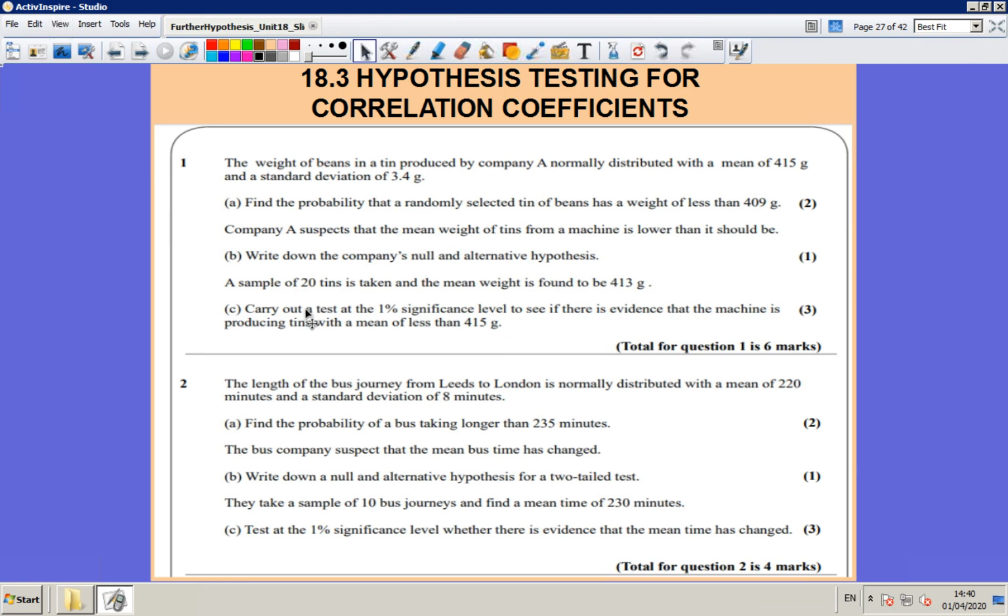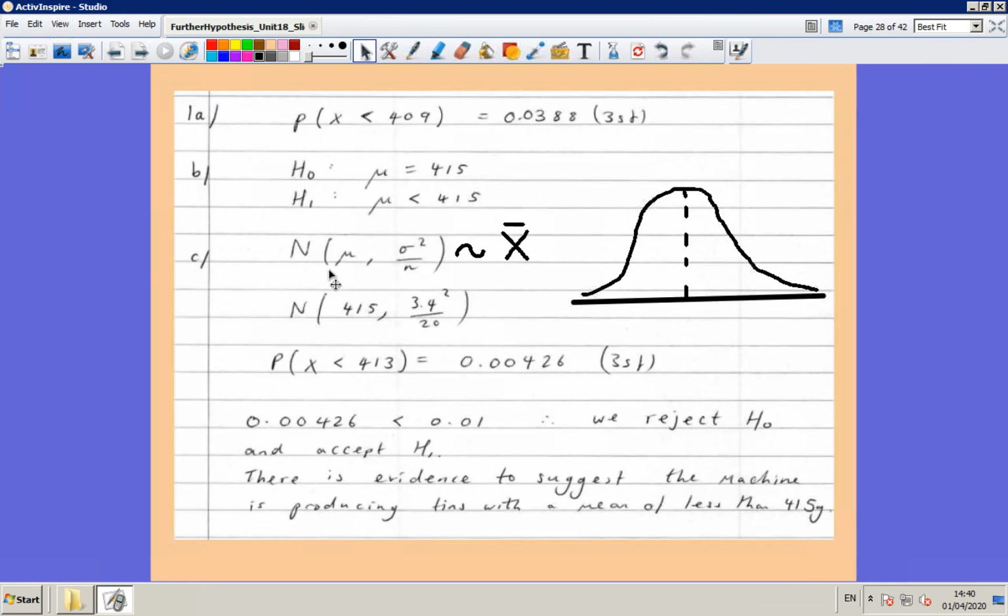And we want to carry out a test at the 1% significance level to see if there is evidence that the machines are indeed producing tins with a mean less than 415 grams. So, X bar, that's our sample mean, has a normal distribution with mu 415 and variance 3.4 squared over 20.